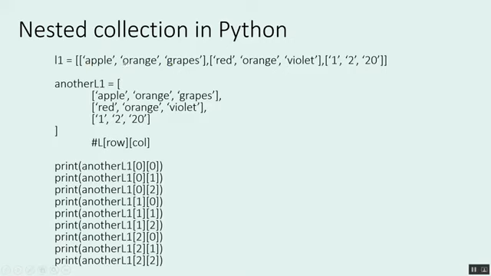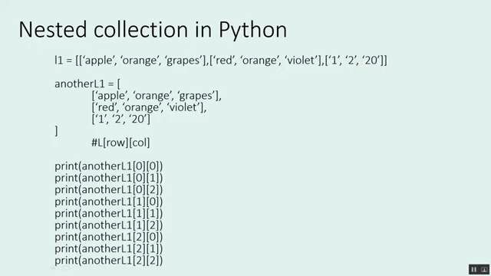So we have a list of fruits. The second element is a list of colors. And then the third element is a list of numbers represented as strings, since they are inside double quotation marks.